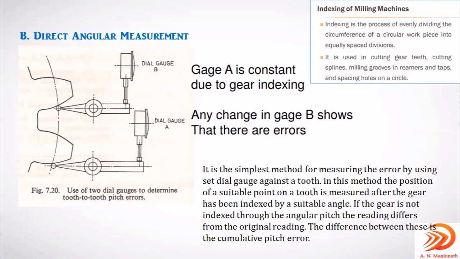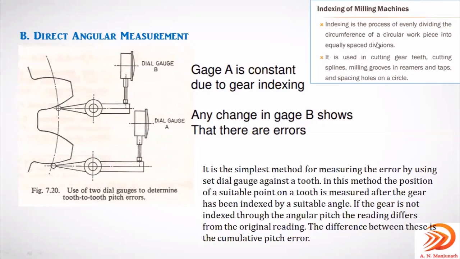Observe that a gear has teeth on its periphery, 25 or 35 teeth, all equally spaced. How does that equal spacing from tooth to tooth come about on the periphery of the given gear blank? It is because of the indexing, right? That is what indexing is about.